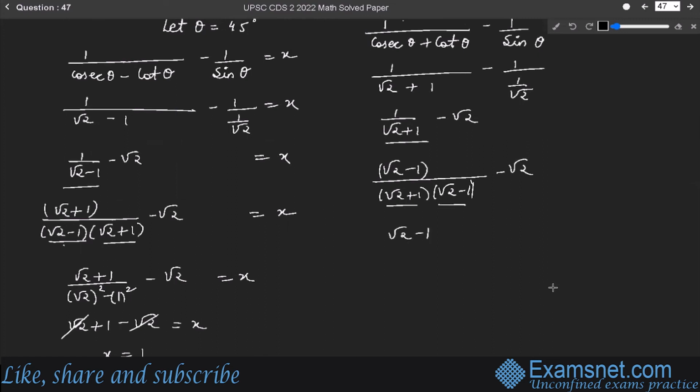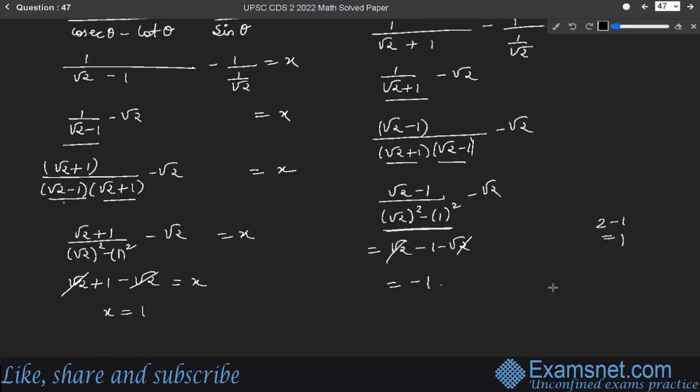So it will be root 2 minus 1 upon root 2 square minus 1 square, minus root 2. See, the denominator is 1 only because root 2 square is 2 and 2 minus 1 is equal to 1 only. So again root 2 and root 2 will be cancelled. It will be equal to minus 1.